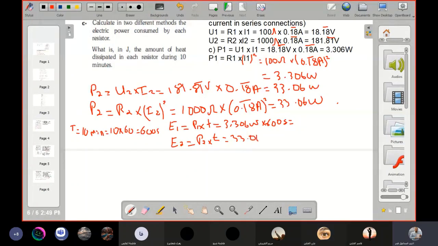33.06 times 600. The first one is 1821.6 joules.